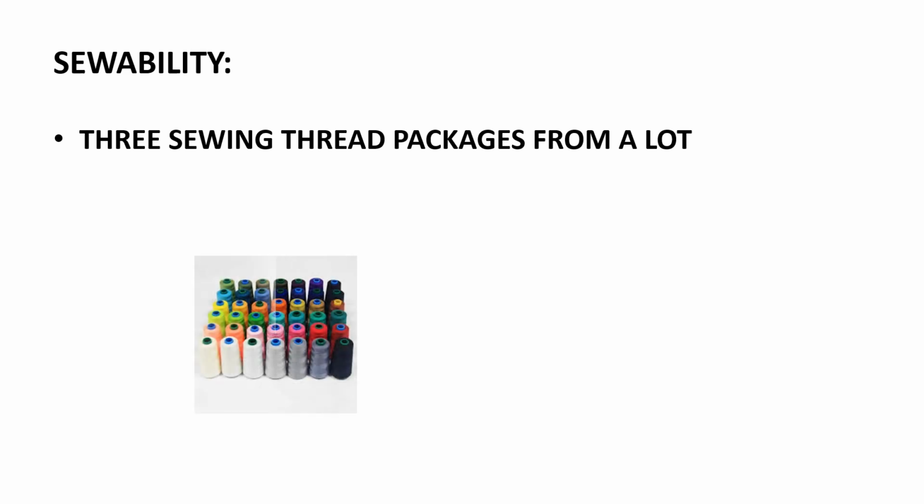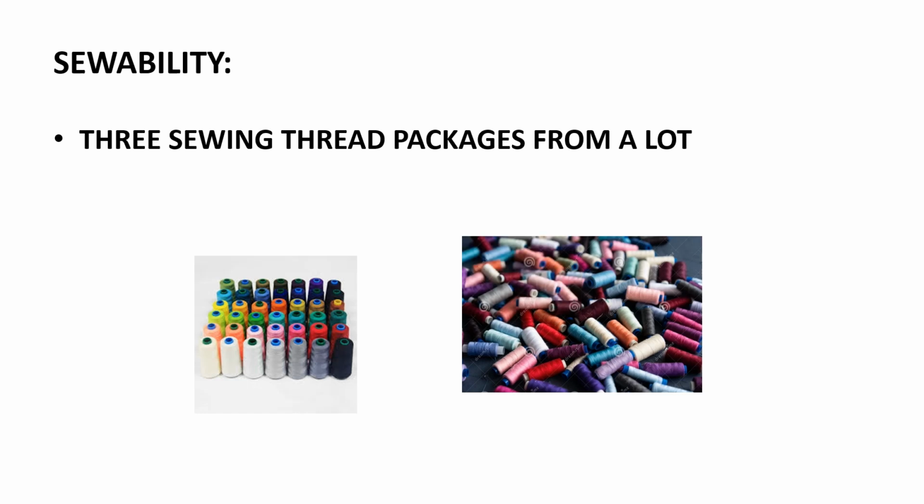Not all the lots can be inspected because it is a time-consuming and labor-consuming affair. There are various kinds of packages available, but all packages cannot be tested depending upon the lot size. That's why 3 sewing thread packages are drawn from that total population.